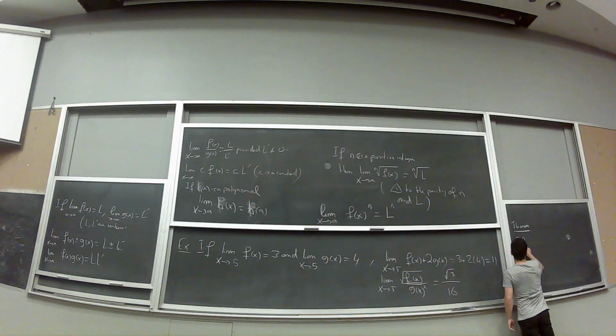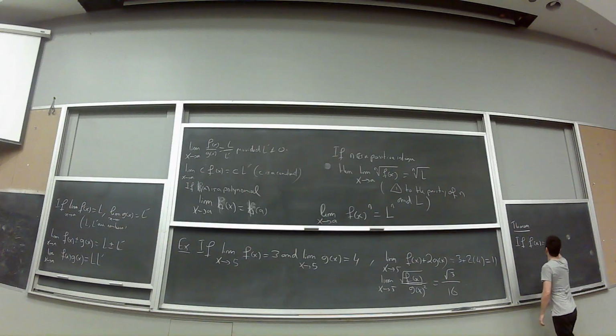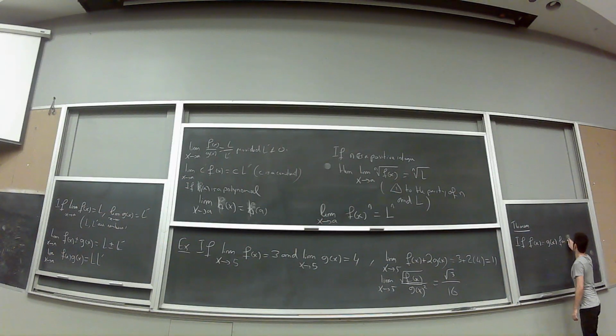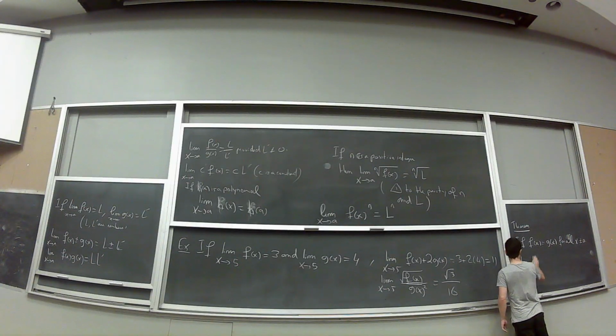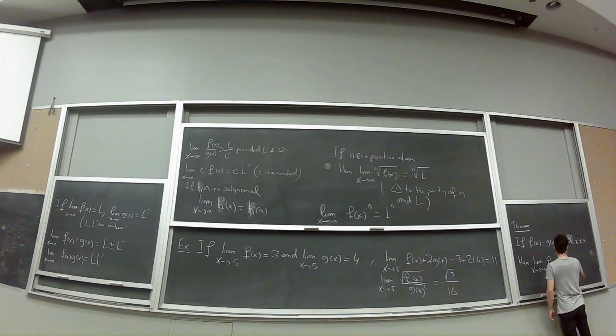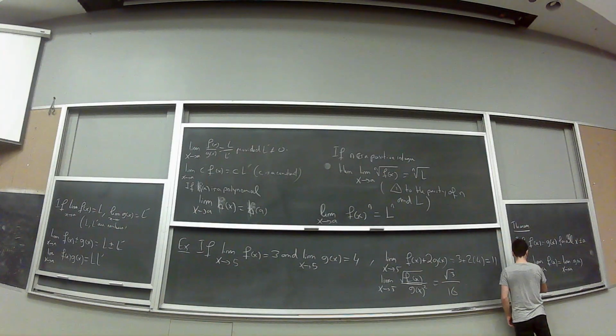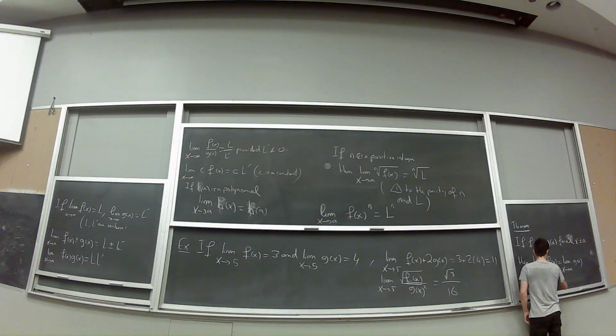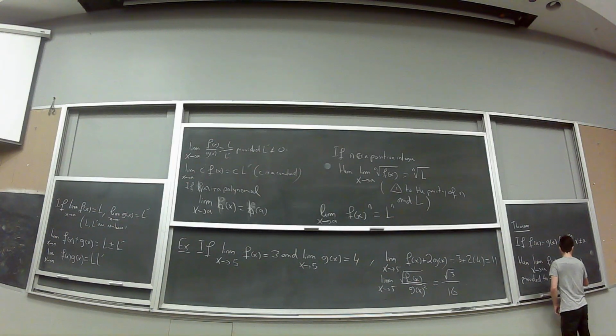So if f of x is equal to g of x for all x different than A, okay, then the limit of f of x equals the limit of g of x, provided the limit exists.